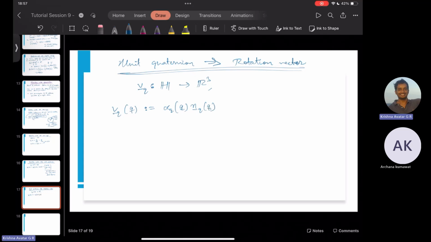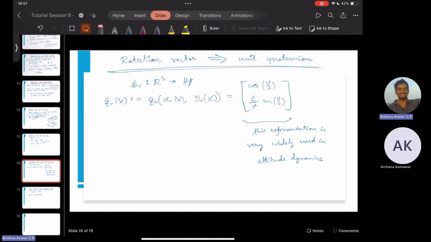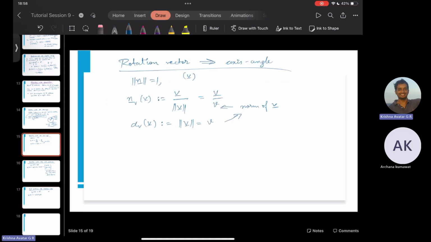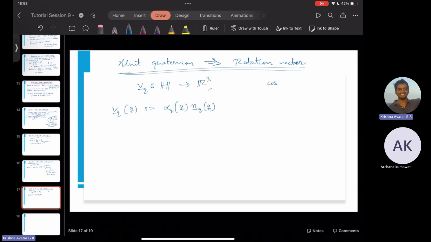Now what we recall is, look at the first element of this vector, cos of V by 2. V, the norm of V, as we recall, is also the angle of rotation, right? So cos of alpha by 2 is equal to q naught, isn't it? We are equating these two things.